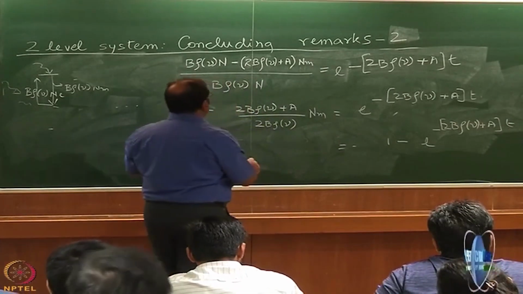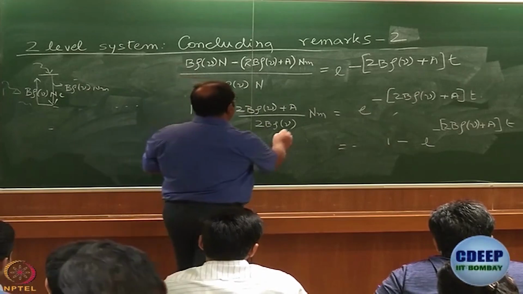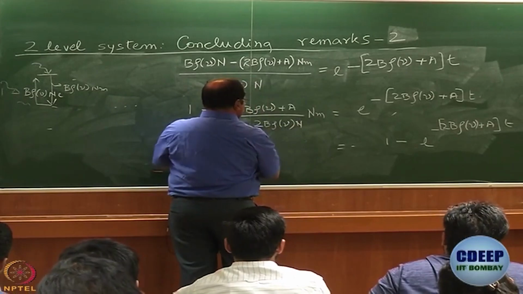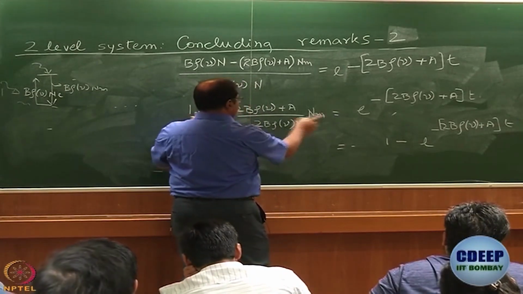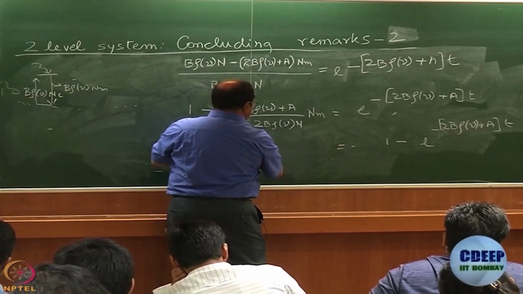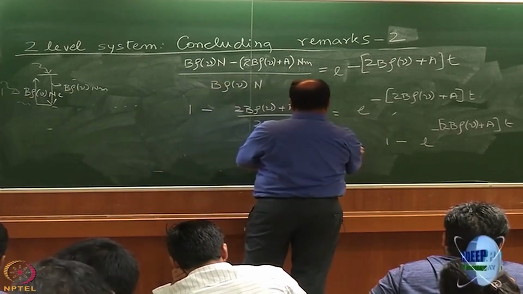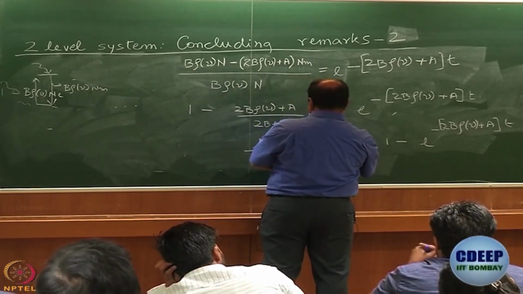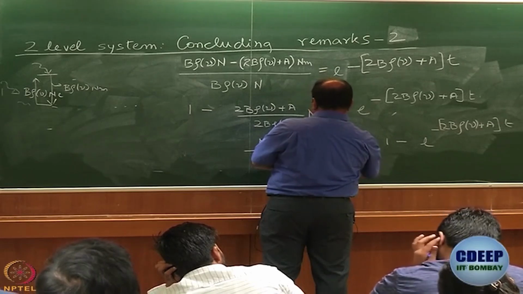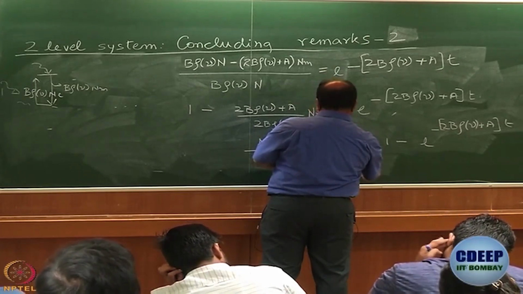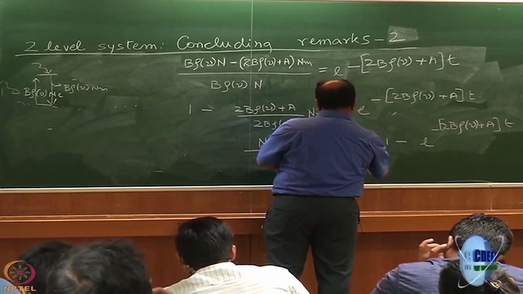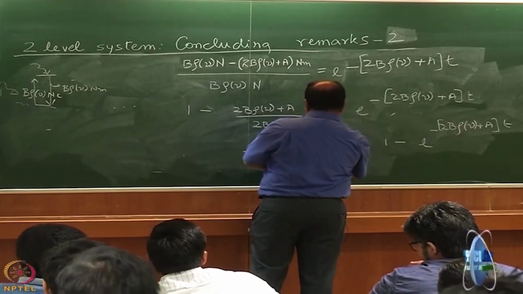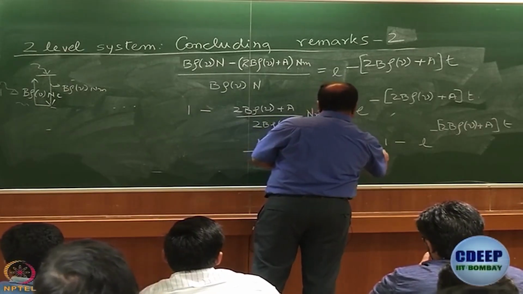where is N? I forgot to write N here, isn't it? On this side I have, let me write like this. That is taken care of anyway. So Nm divided by N will be equal to what? 1 by 1 plus A by 2b rho nu, that is, 2b rho nu divided by A plus 2b rho nu.